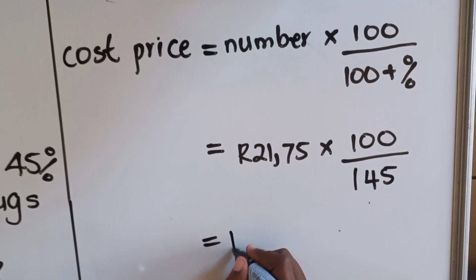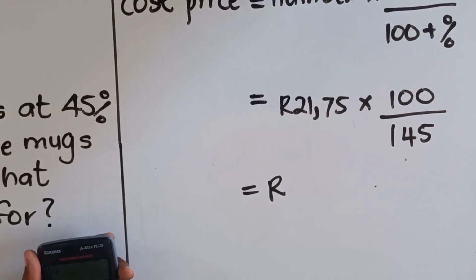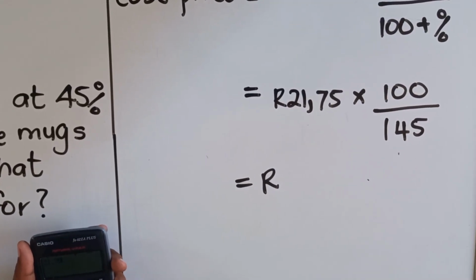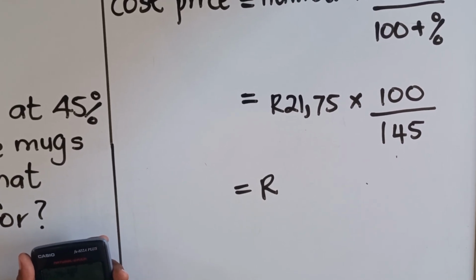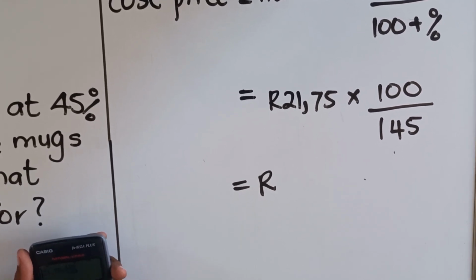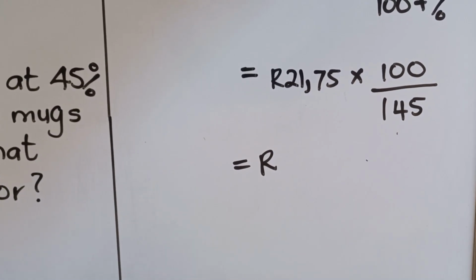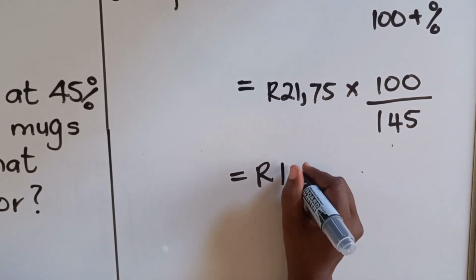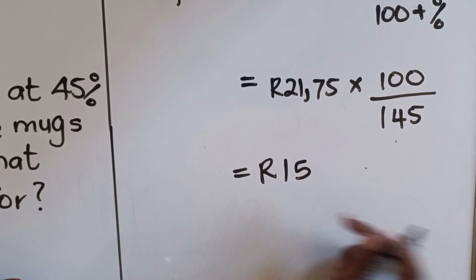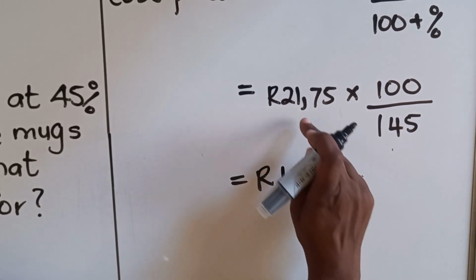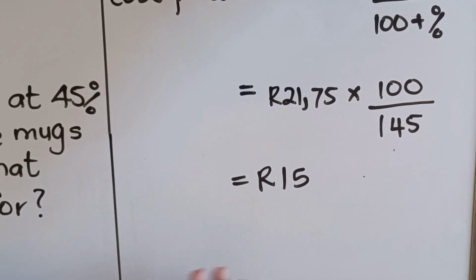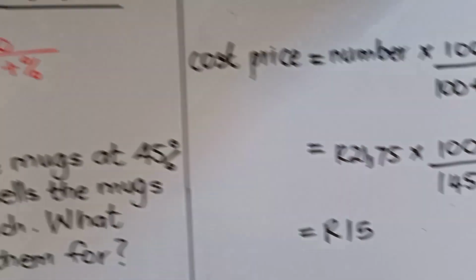Then you take your calculator: 21 rand 75 cents multiplied by 100 divided by 145 equals 15 rand. So originally he bought the mugs for 15 rand, and then he added the 45% and sold the mugs for 21 rand 75 cents. This is how you reverse the increase.